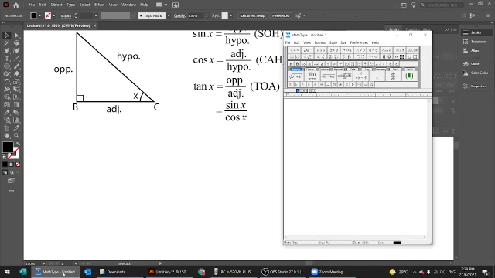The first extra one is called sec x. How do we read this thing? It is called secant. It is short for secant, but we don't write the long one.